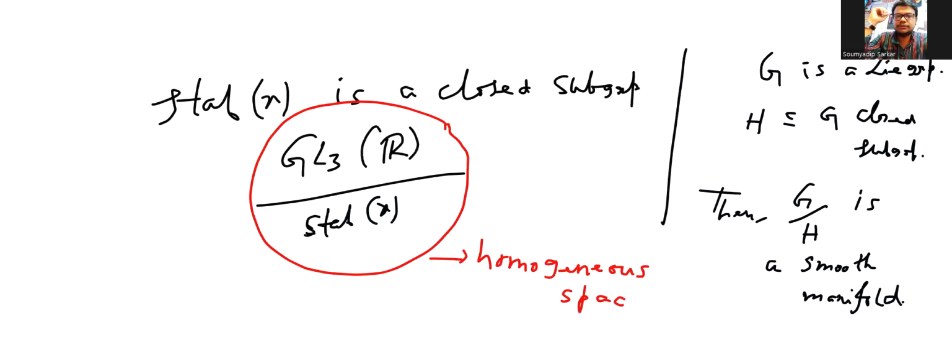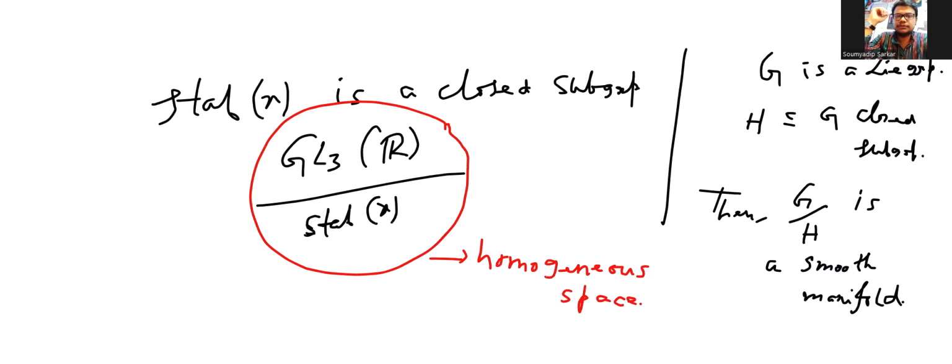Whenever a Lie group G acts on some manifold in a transitive way, that space is known as a homogeneous space for the Lie group. Any homogeneous space is isomorphic to that Lie group modulo some closed subgroup, where the closed subgroup is precisely the stabilizer of a particular point in the manifold on which the group is acting.